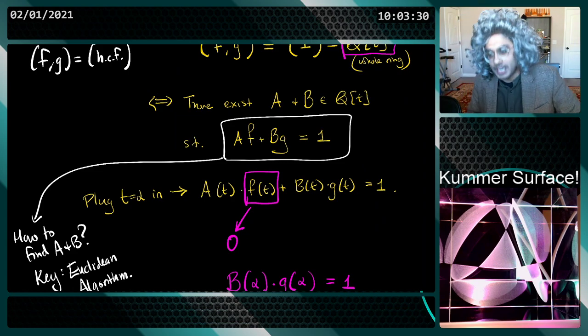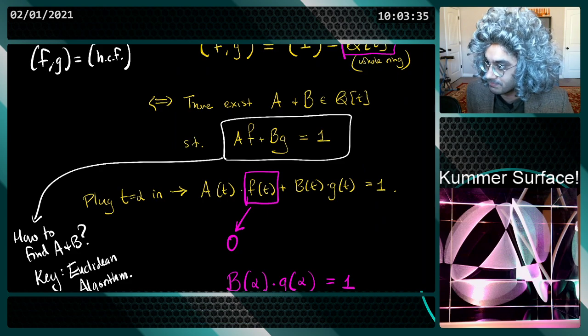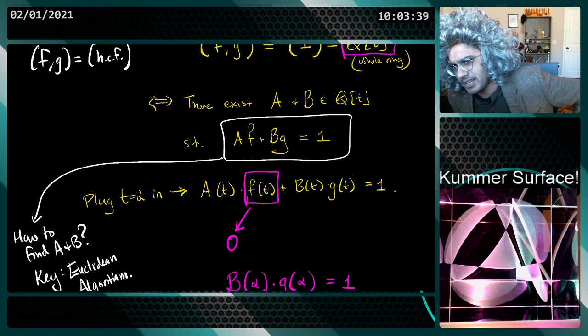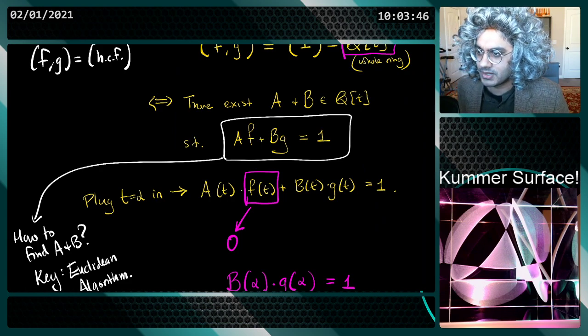Oh, right. That it returns the HCF is not obvious. That's right. That's true. It's kind of obvious. No, it's not obvious, but yeah, it requires a proof.